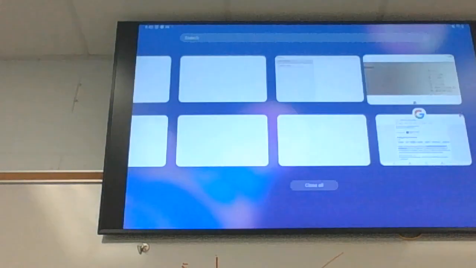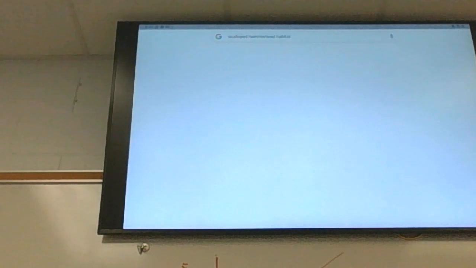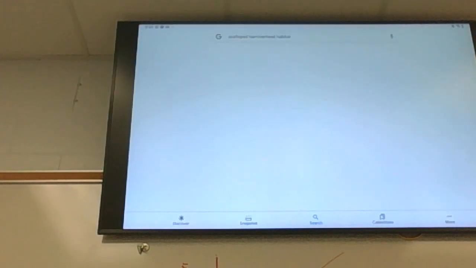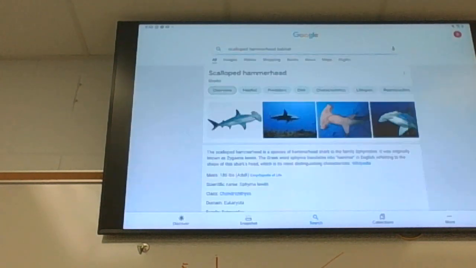Alright, another side note, I figured out what the scalloped hammerhead shark is. These are the actual hammerheads that we have here in Florida. They have like an extra little groove on their head. You've seen a hammerhead shark here in Florida.